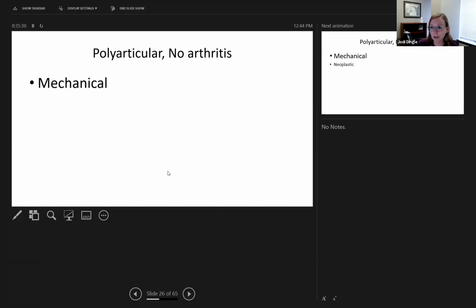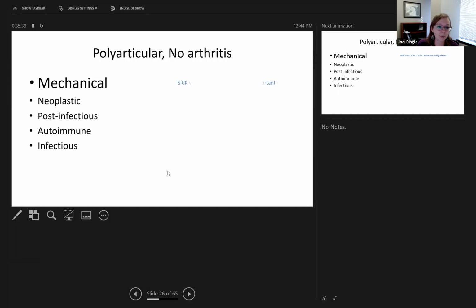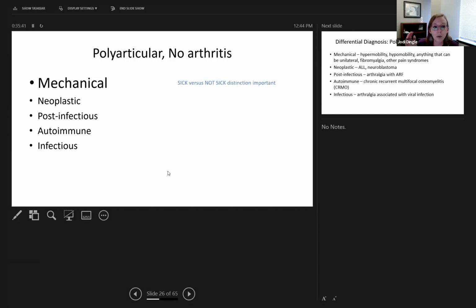So mechanical, and mechanical would be the top three here, followed by all of our other categories, which are possible but less likely. And when you're thinking about those other categories, sick versus not sick is definitely an important distinction to make. Your mechanical joint pain patients are definitely going to be in the not sick category. If you have any other systemic illness going on, you need to start thinking about the other categories.